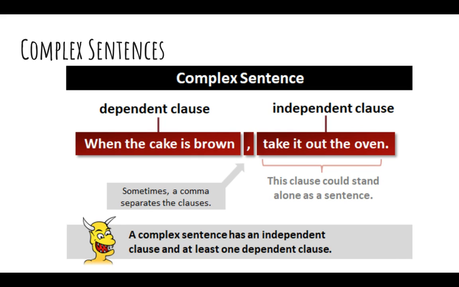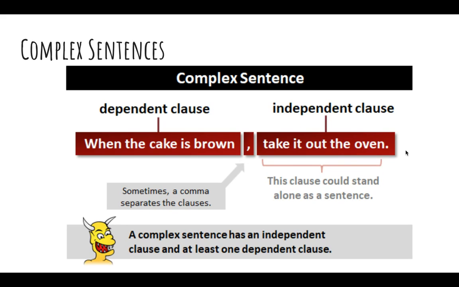Complex sentences have an independent clause and at least one dependent clause. When the cake is brown, what? That doesn't make sense on its own, so that's a dependent clause. You have to add this independent clause for it to make sense. When the cake is brown, take it out of the oven.